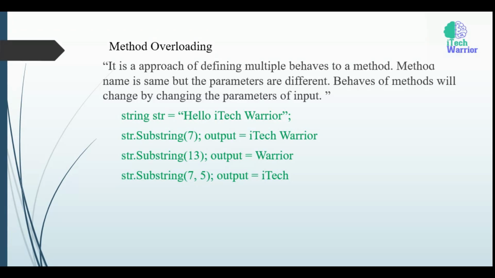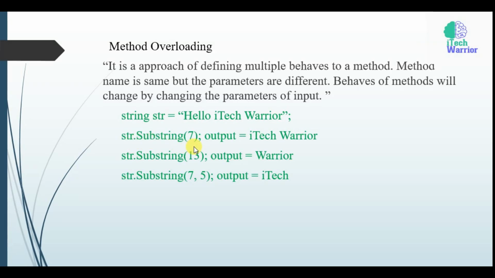Method overloading is an approach of defining multiple behaviors to a method. The method name is the same but the parameters are different. The behavior of a method will change by changing the input parameters. Here you can see four statements. In the first statement we declare "hello iTech warrior", and in the second, third and fourth statements I use the substring method with different parameters.